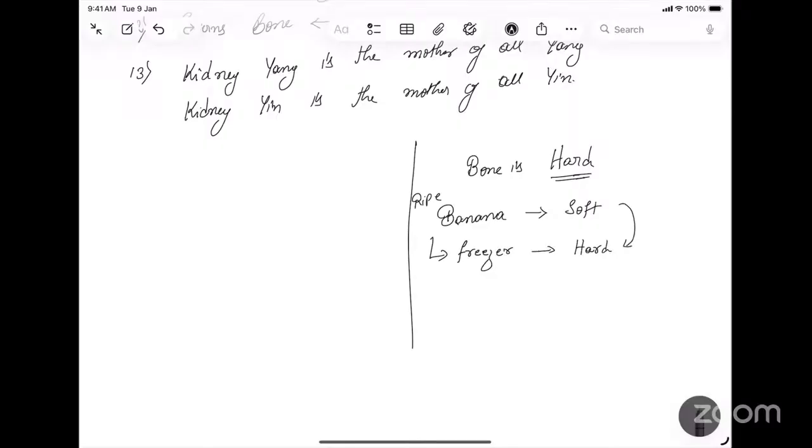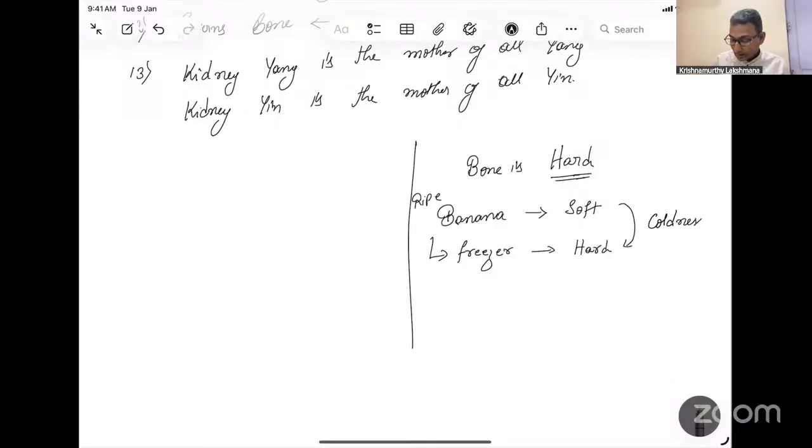Temperature. Coldness, the energy of coldness. Whenever you apply coldness, it could be a tomato, you put a tomato in the freezer, that will also become hard. Anything that you give coldness energy, that object will become hard.